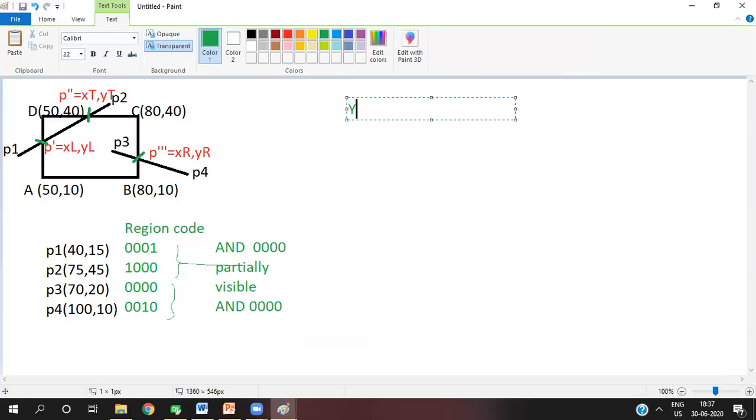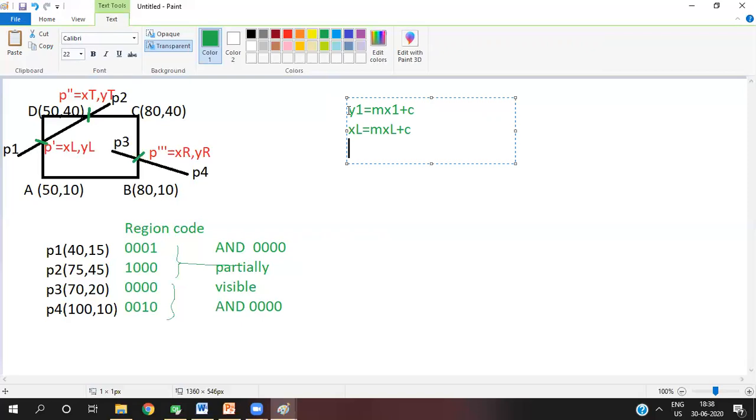YL is equal to y1 plus m times xl, left hand side, xl. If you have equations you can use from the notebook as well, right?